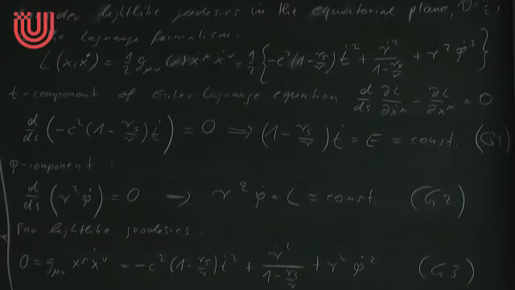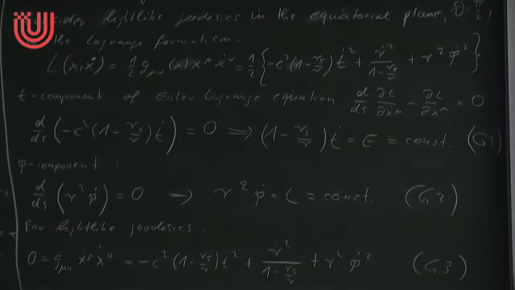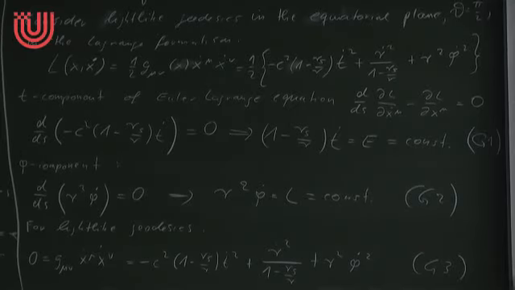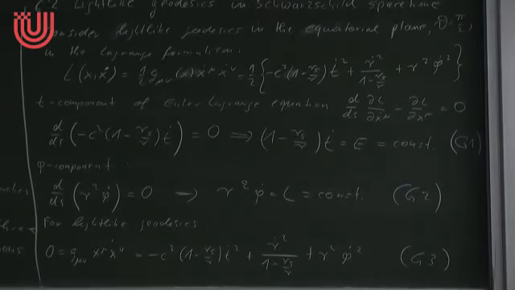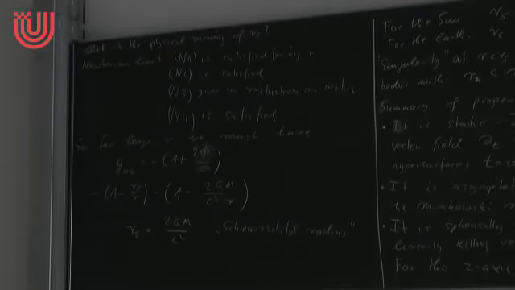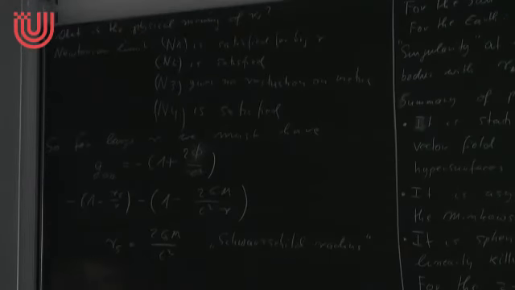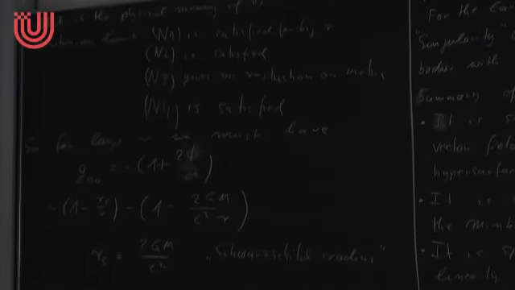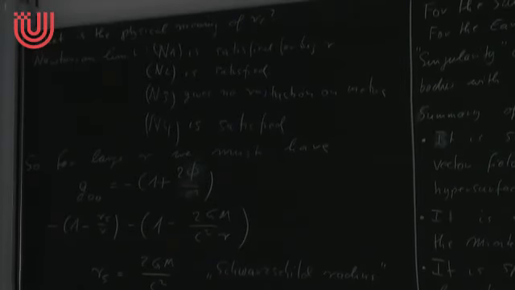So our goal is now to calculate the path of the light ray. So we want to calculate the relation between r and phi. r and phi are the polar coordinates in the plane. And we want to calculate the path of the particle, the photon in this case, in this equatorial plane in terms of the coordinates r and phi. So we need to know what r and phi have to do with each other.